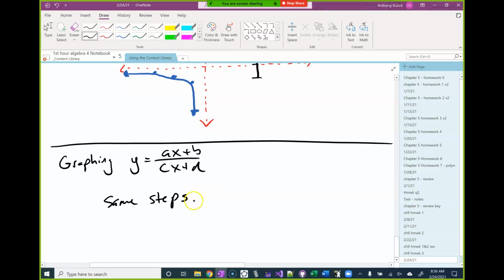So if I want to graph something in the other form, ax plus b over cx plus d, I'm going to do the same graphing steps. The only thing that's going to change is how I find my vertical and horizontal asymptotes.